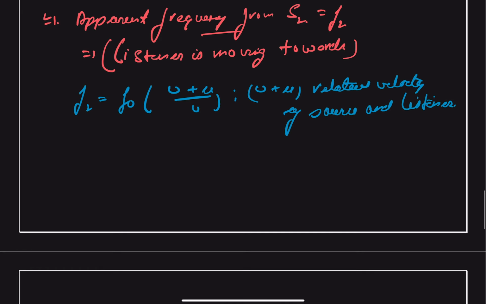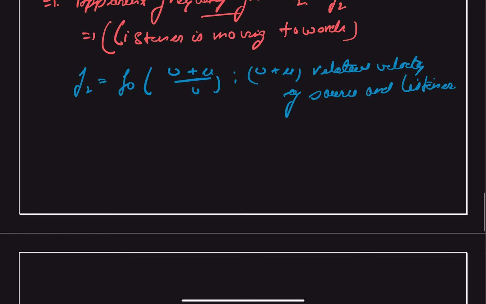Now in the question, it is given that a beat frequency of 10 beats per second is heard. And the beat frequency is nothing but the difference between the two frequencies, f2 minus f1. So we can write our beat frequency, if it is given as fb, that will be equal to f2 minus f1.